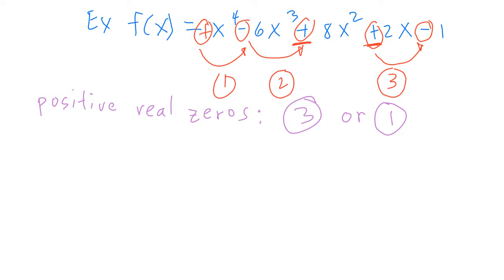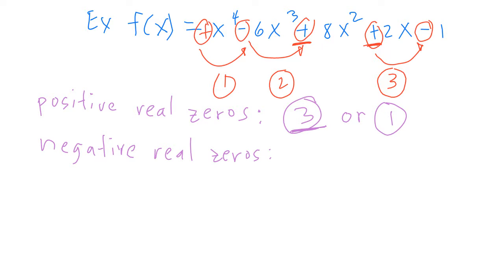Now next, for the negative real zeros. Before we find out the negative real zeros, I'm just looking at the number 3 here on our first answer. If you have a 3, it means looking at the degree of the polynomial, which is 4.